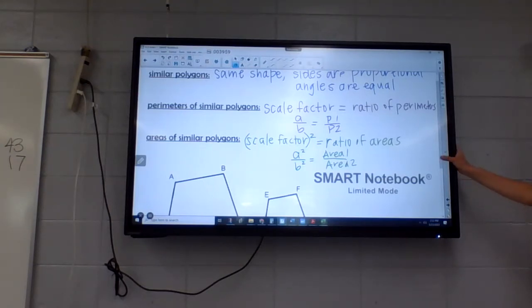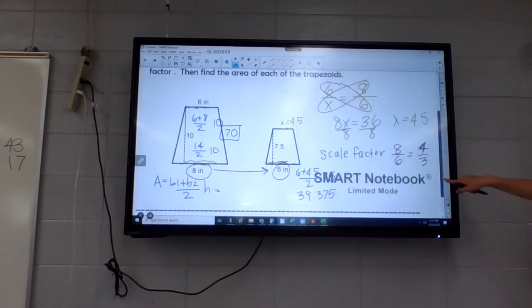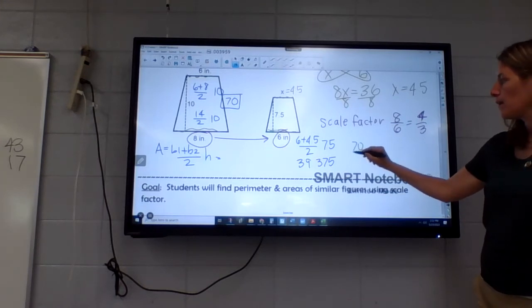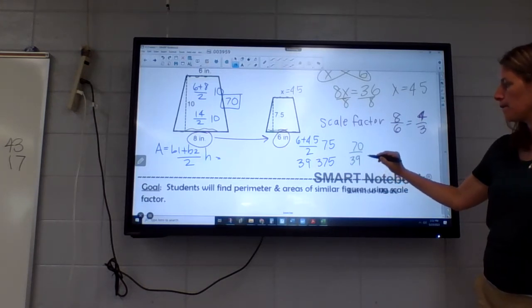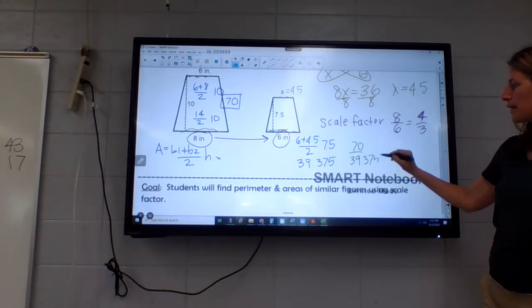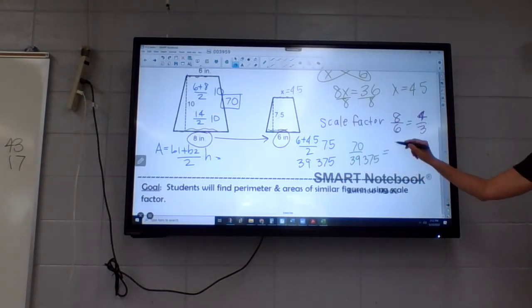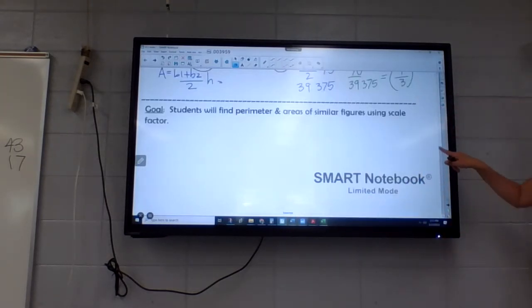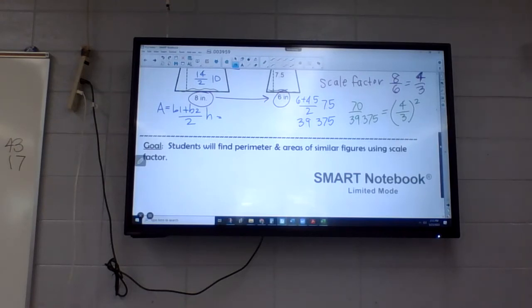So I found the areas here. We're 70 and 39.375. This should be equal to the scale factor squared. Now initially it doesn't really look like they're the same, but if you check what the fractions equal, so 70 over 39.375 is 1.7 repeating.